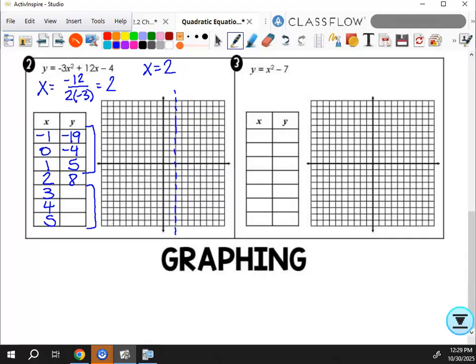Once I get these three, then I know these, right? 5, -4, -19, if you set your chart up right. Then graph it. Not -1, -19, clearly you cannot put on there.